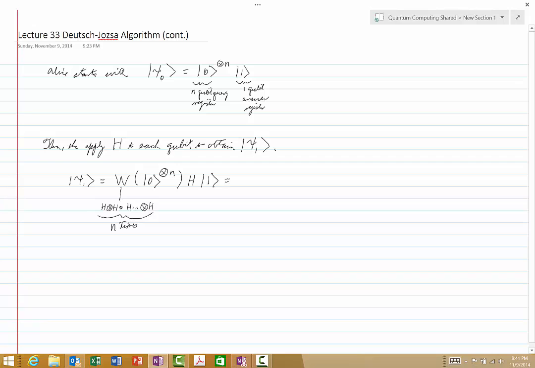And again, now this is just applying H to every qubit of C0. We're going to call the answer C1, and you can see that that's exactly what we've done here. We've applied n H's to this first part, and then we've applied one more H to the second part, which is the last qubit. Okay, so let's just keep the first part as it is for a moment.